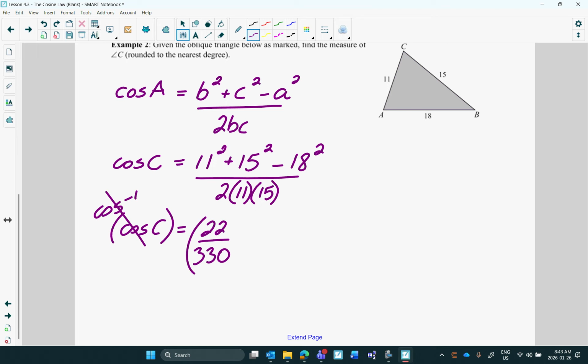Those cancel. So just take the cos inverse of 22 divided by 330, nearest degree or nearest whole number, and you should get 86 degrees.